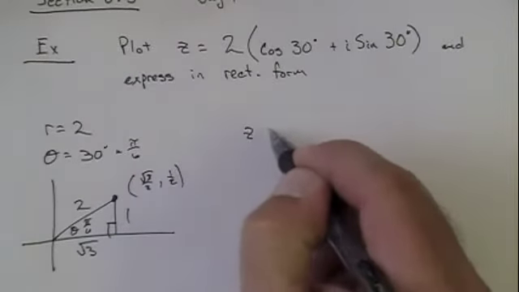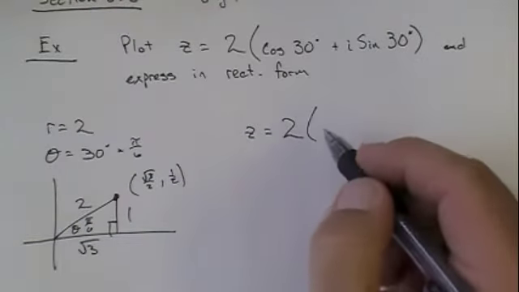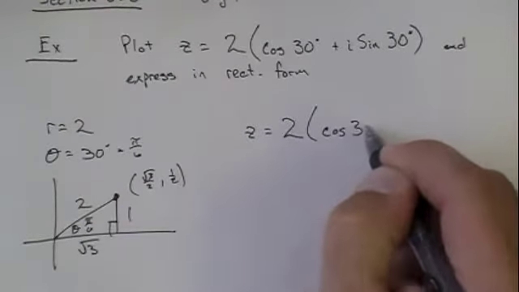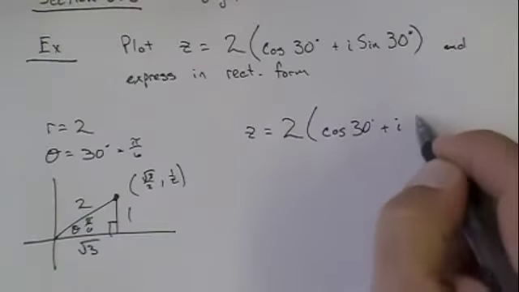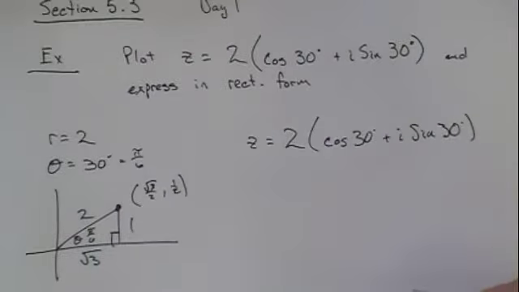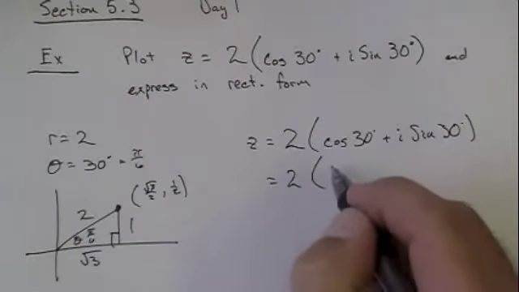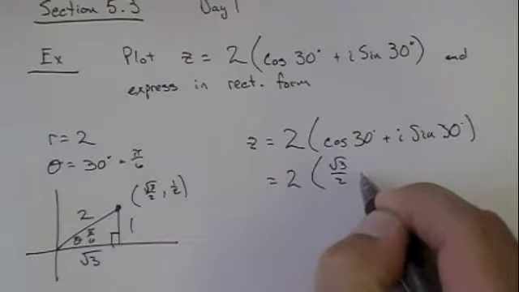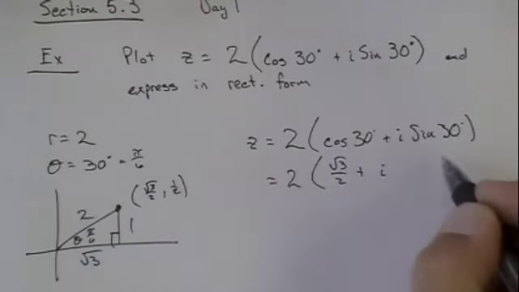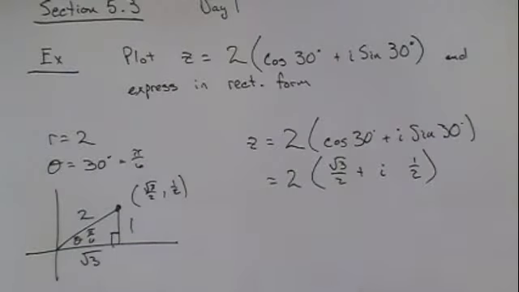And for z, we know we have 2 cosine of 30 degrees plus i sine of 30 degrees. And so cosine of 30, we know that that is square root of 3 over 2. And the sine of 30 is 1/2, just like we showed over here.